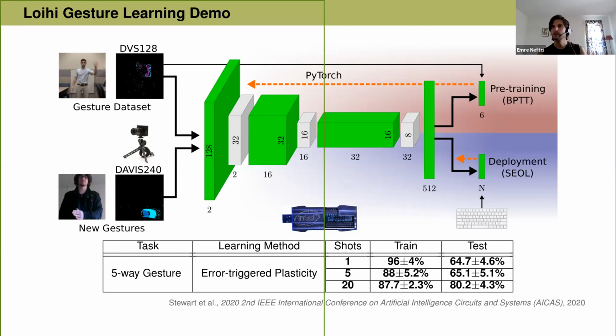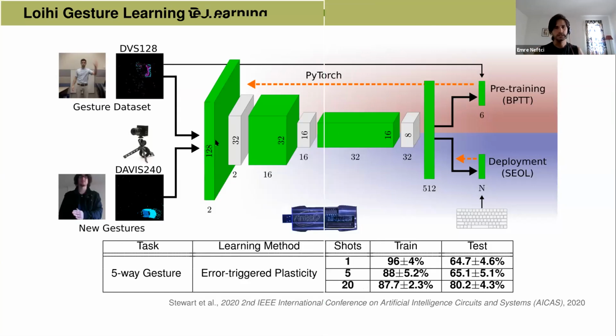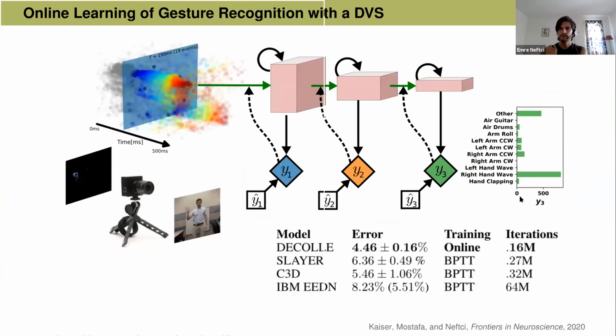And I do see another question on the chat here saying, while implementing this DBS work, is the accuracy drop on the classes between right arm clockwise? No, the accuracies that we have here are not class specific.